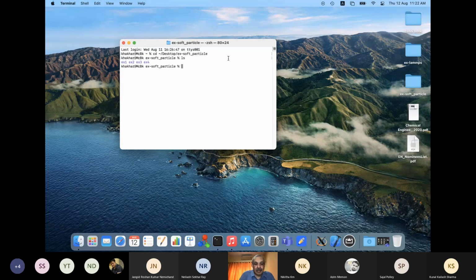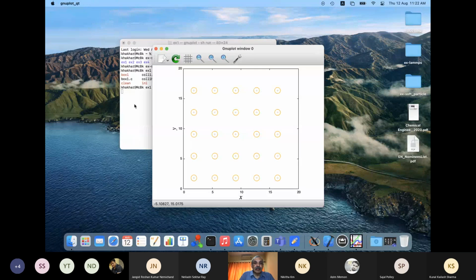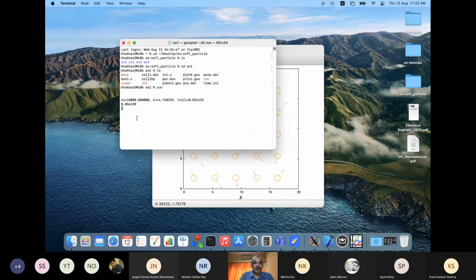I think it's already up there. EX1, if you remember, was the same as what we had done for the hard particle. Actually, all these are the same as what we did for the hard particle. This is just collision of two particles. And here it is.